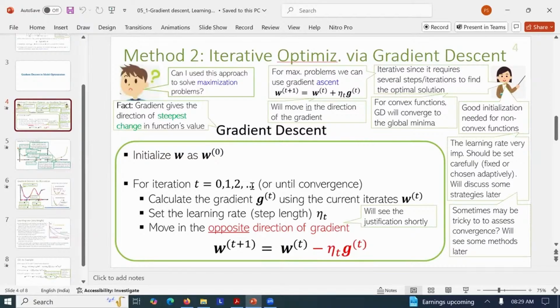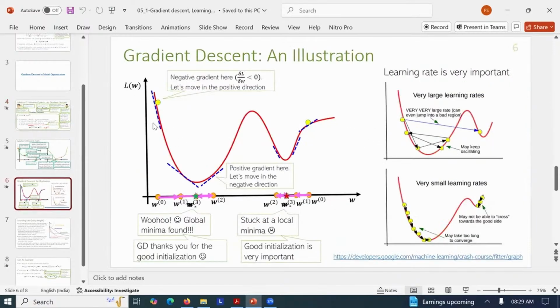We have to apply several iterations, and in each iteration we will use this equation, right? Now, if my gradient is accurate, then within few iterations I will reach the minima position. As you can see here, since we have only a function of one variable, and each time we are using an accurate gradient, within very few iterations we are able to reach this position, right?